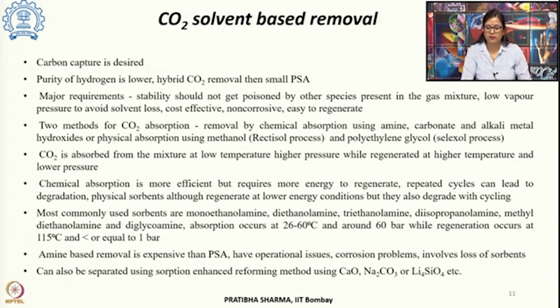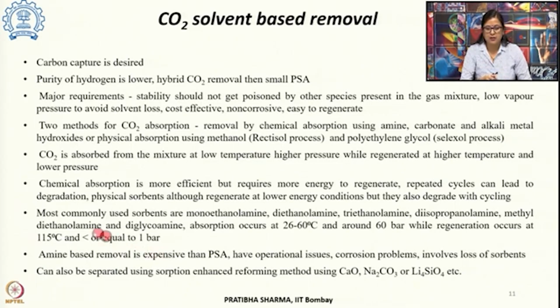Now among the different solvents or sorbents that can be used for carbon dioxide removal, the well known are monoethanolamine (MEA), diethanolamine (DEA), triethanolamine (TEA), diisopropanolamine, methyl diethanolamine or diglycolamine. Absorption in these occurs at a lower temperature, 26 to 60 degrees centigrade, around 60 bar pressure, while regeneration occurs at a higher temperature, 115 degrees, and less than or equal to 1 bar.